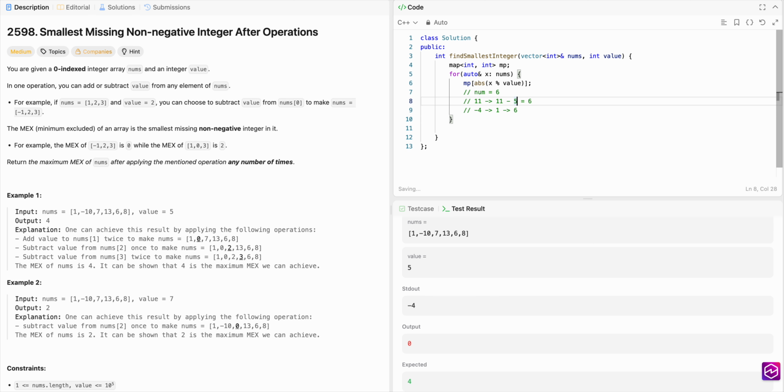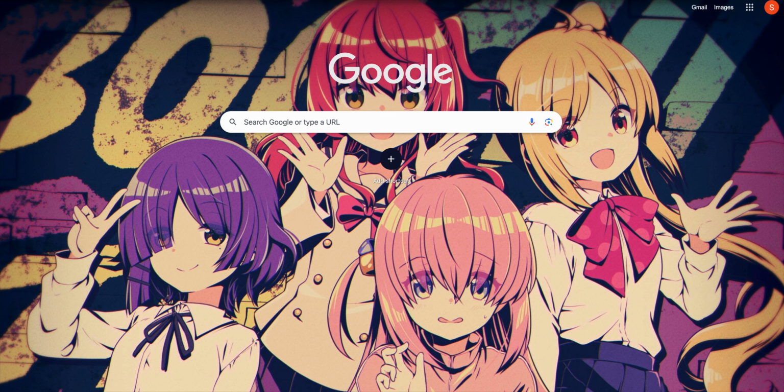This was possible because 11 modulo 5 is 1, and 6 modulo 5 is also 1. And if we see, I think we should get a better modulo value. Mod of negative integers in C++.